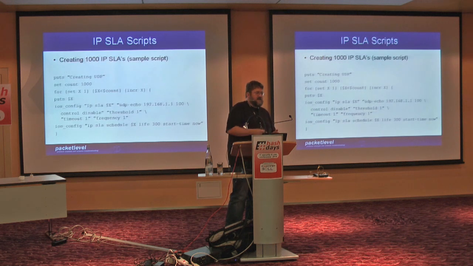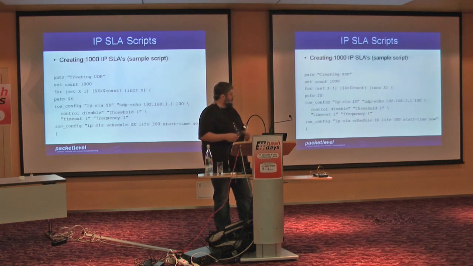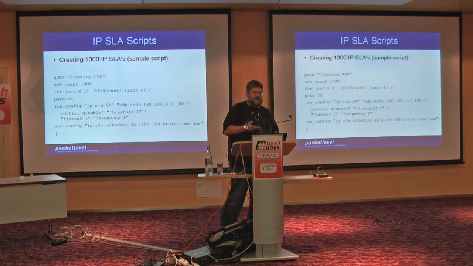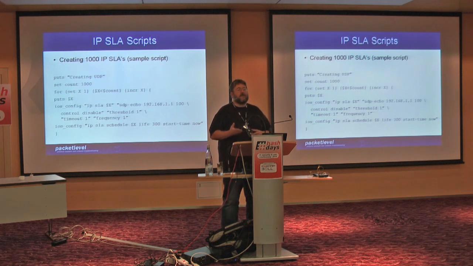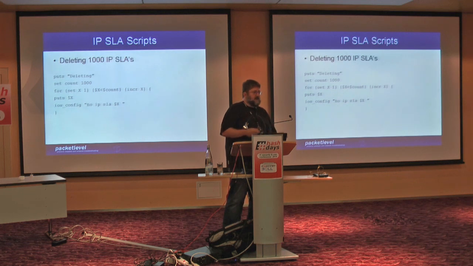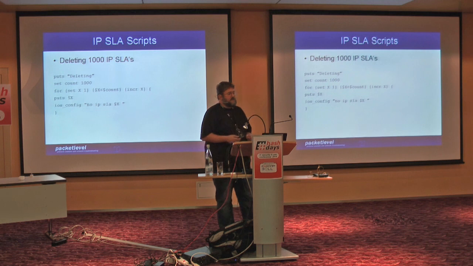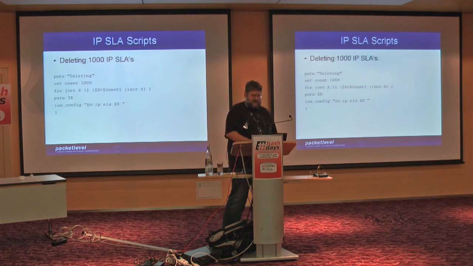This is the small script that creates this small loop, 1,000 times, that creates the entries in the running configuration. And I also need a script to delete the configuration on the router if I want to stop the thing.